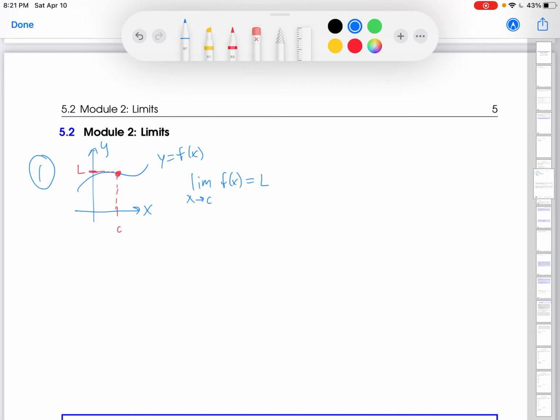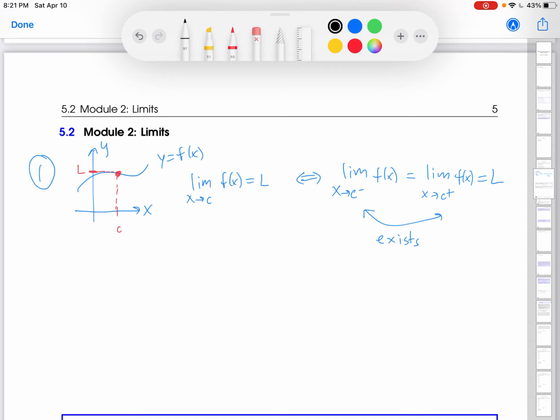The one detail that I do want to point out is that in Calculus 1 this was true if and only if the left and right-handed limits were equal to each other, equal to this same y value L, and each of these exists.